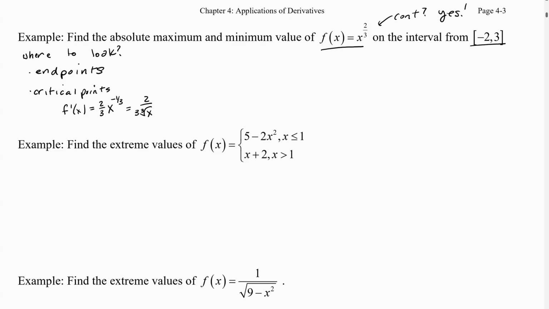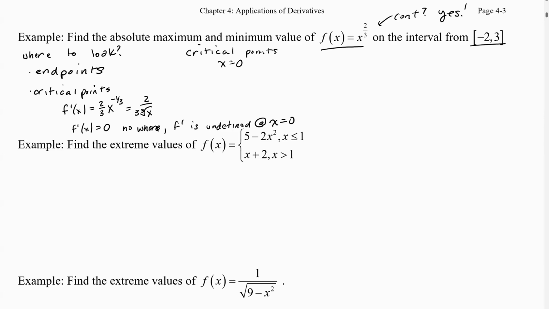Now, f prime of x equals 0 nowhere, but f prime is undefined at x equals 0. So if I had to make a list for critical points, x equals 0 is one place.